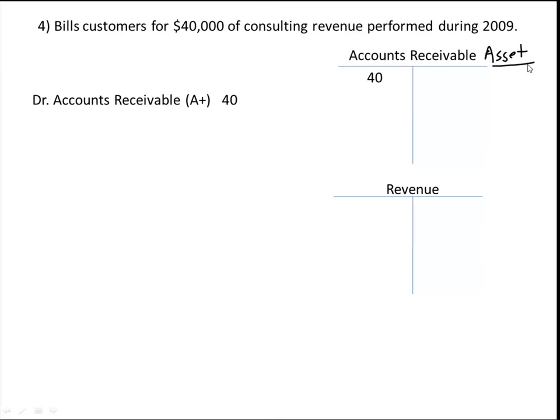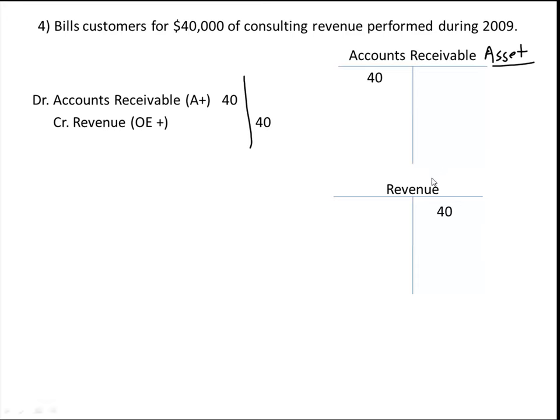Once again, this allows us to draw a little line here and infer what the other side of the transaction is going to be. This is going to have to be a credit to our revenue account, because otherwise our journal entry wouldn't balance. And so there's our credit to the revenue account, making owner's equity go up.